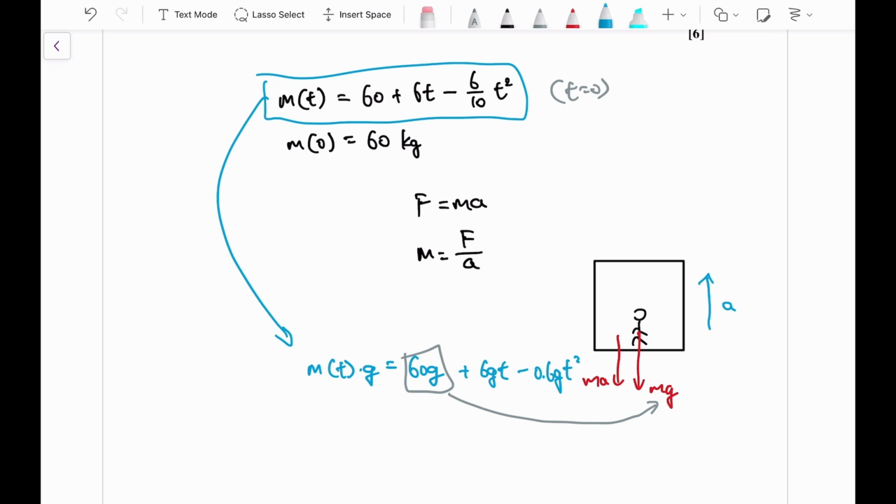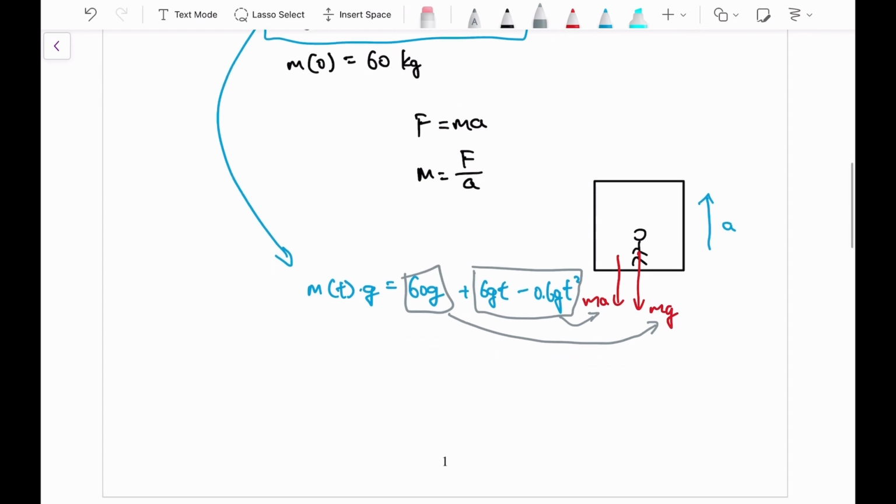So then you will realize that this part is just ma. So we would know that acceleration, so this part is ma, so the acceleration will be this part divided by the mass to get acceleration.